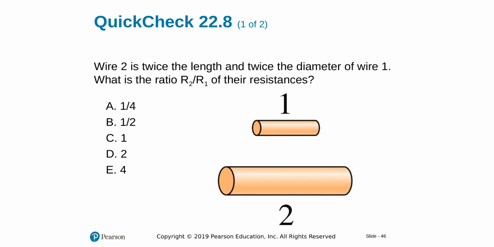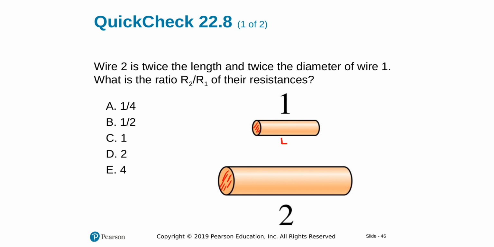We can easily compare resistances using the lengths, cross-section areas, and type of materials. For example, this question is talking about 2 wires made of the same material, but wire 2 is twice the length of wire 1.